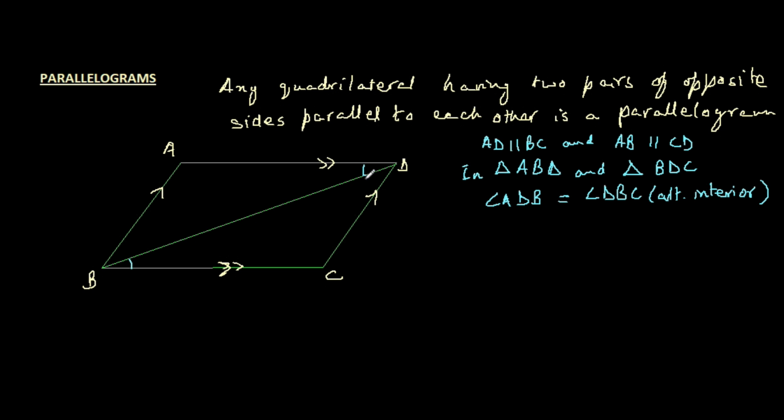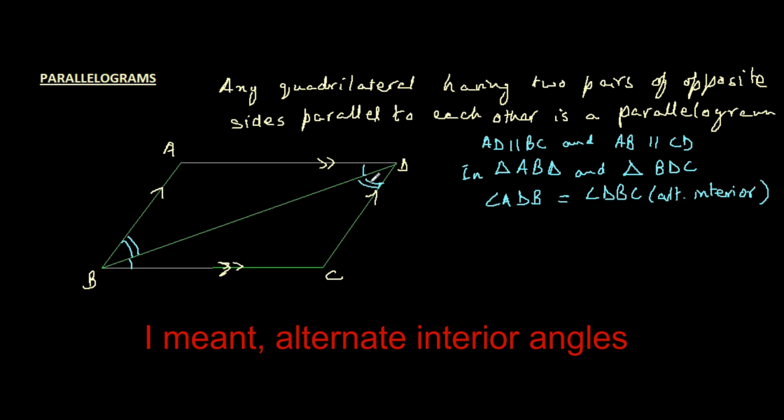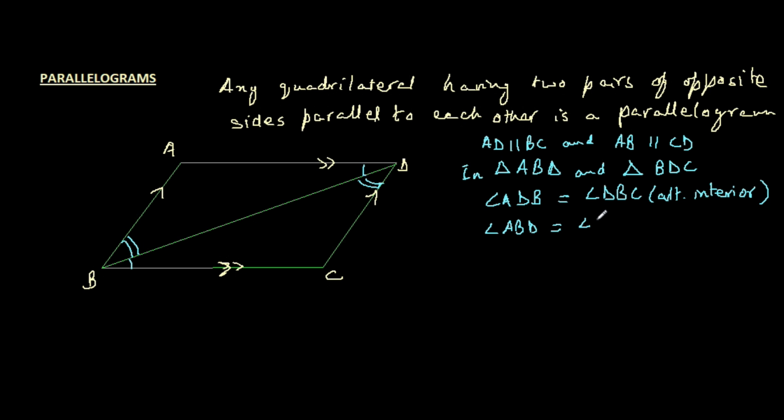So what does this say about these two angles, this angle here and this angle here? Well, they should be equal, because they are also alternate interior angles. So let me write that down: angle ABD is equal to angle BDC, again, alternate interior angles.